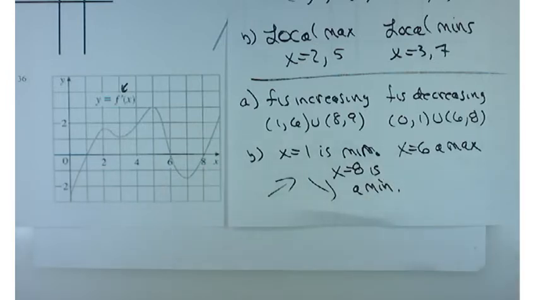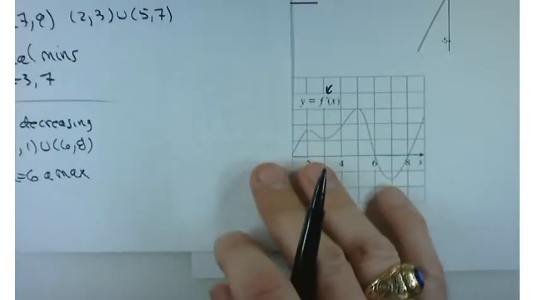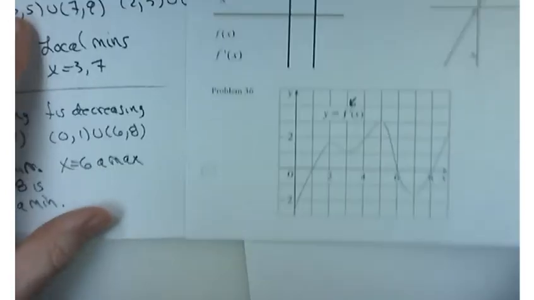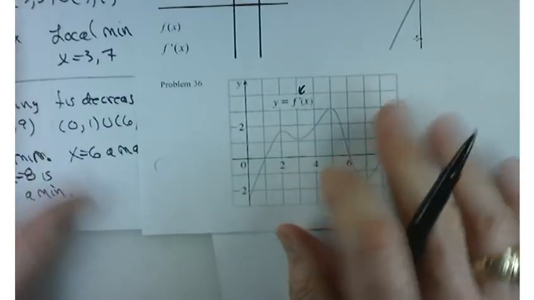Okay. Let's see, what else? In fact, that's the next question. On what intervals is f concave up? Yeah, that one's going to get a little harder because you have to think through the graph of the derivative.